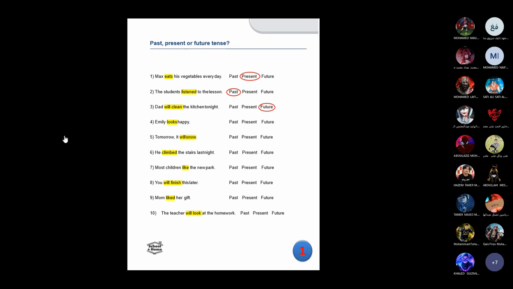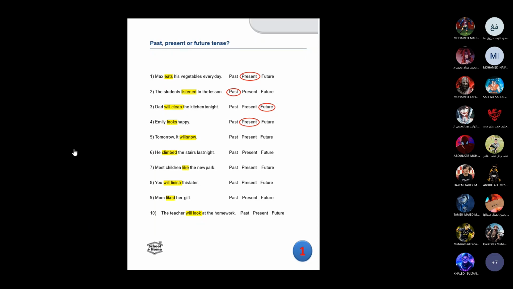Yes, excellent, Muhammad. So the verb looks here ends in s, and that refers to the present, as we discussed about this point, guys. And one more thing, the verb agrees with the subject Emily. Emily is singular, so we say she. So looks is present.